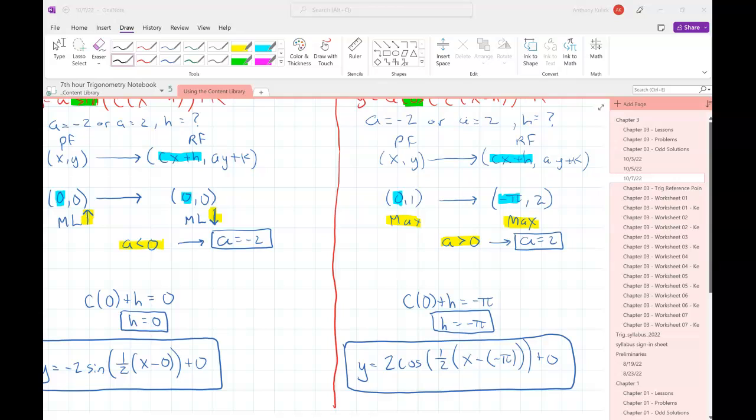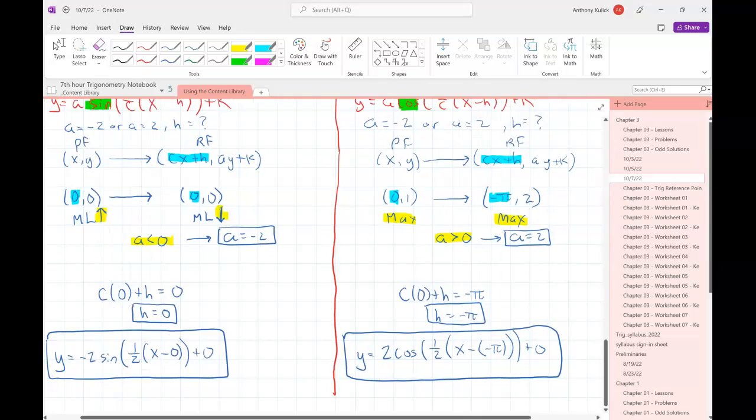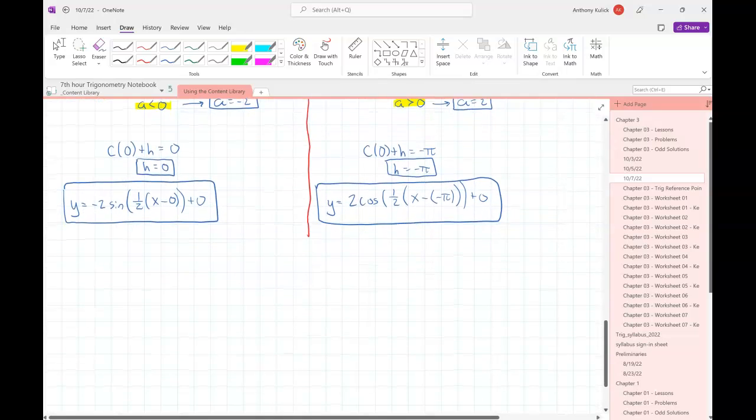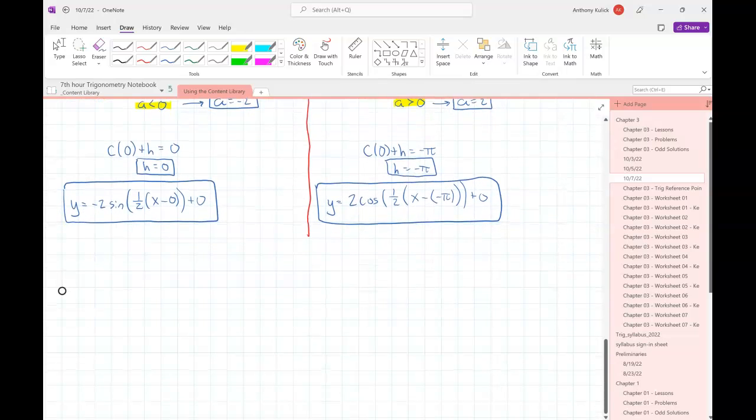You have to understand what you're doing for the process to make sense, but the process itself, at no point did we do any sneaky algebra. We're just looking at pictures and using some formulas, and it should be relatively okay.